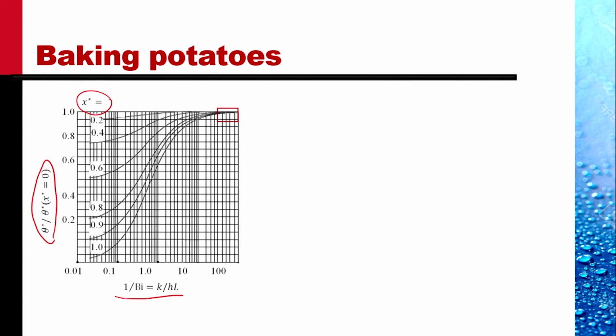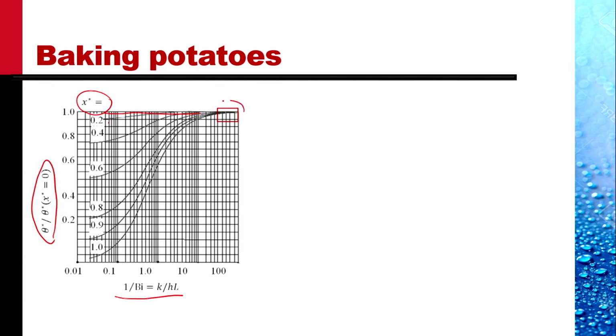So this is for the center line, the ratio is 1, and at x star equal to 0.2 it would be this, x star equal to 0.4 it would be this, and at the surface where x star is 1, this curve would be this.